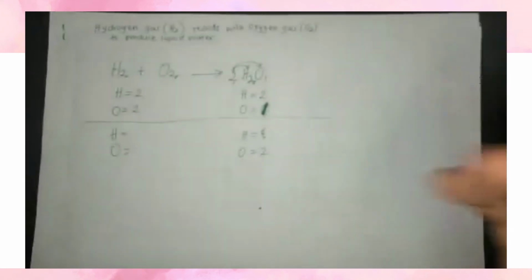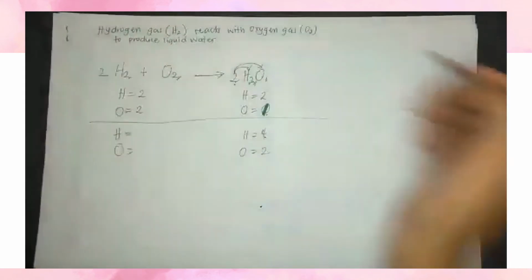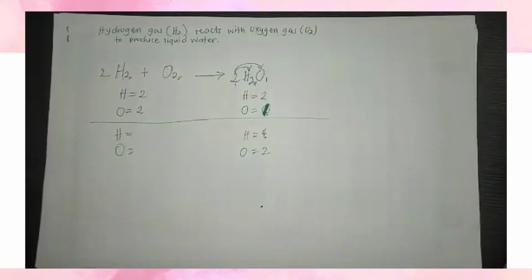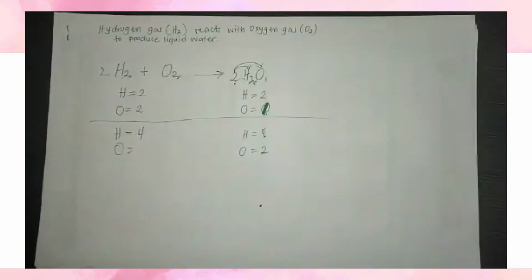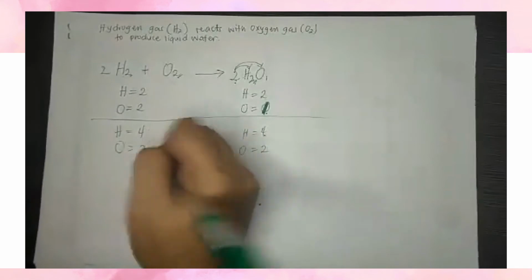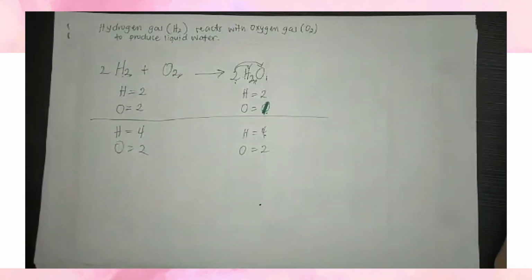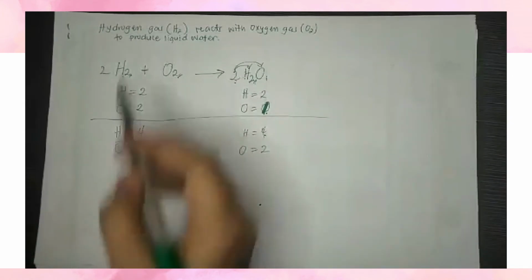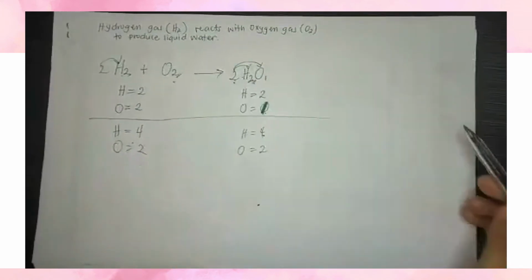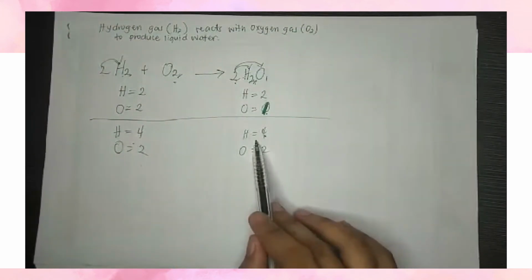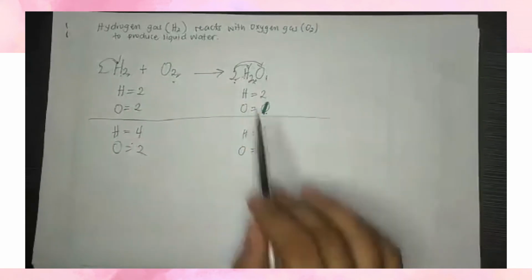So if we put a 2 coefficient on the hydrogen gas, we will now have 4 hydrogen and 2 oxygen on the reactant side. So as you can see, we have an equal amount of atoms. So we have 4 hydrogen, 2 oxygen. On the product side, we have 4 hydrogen and 2 oxygen.